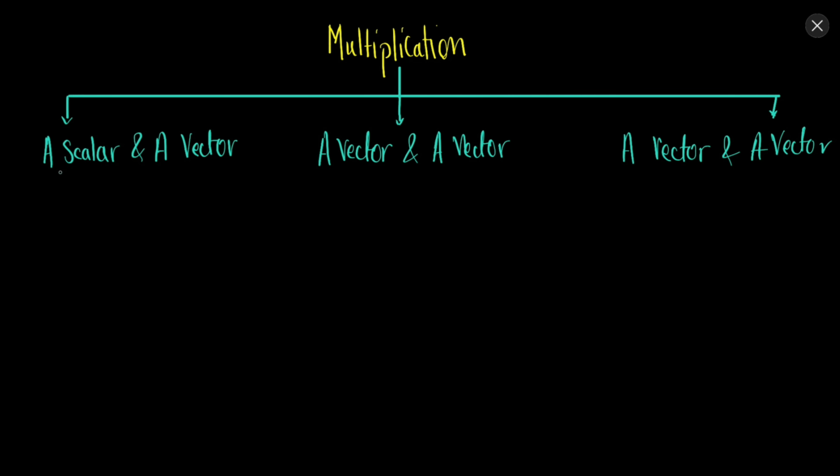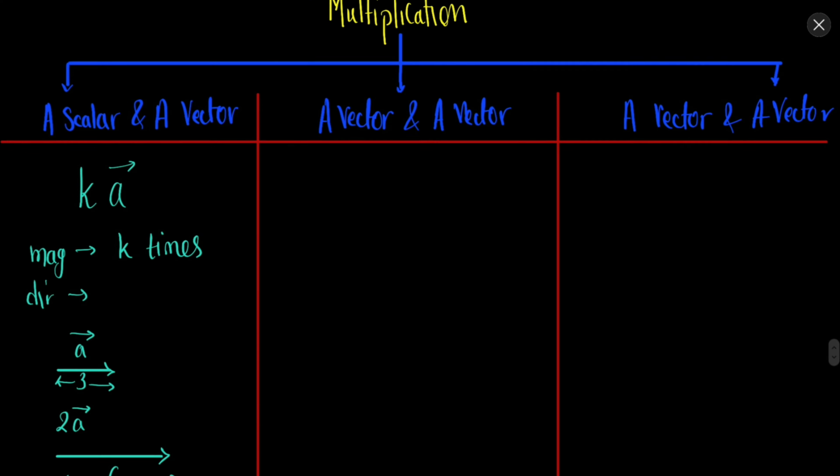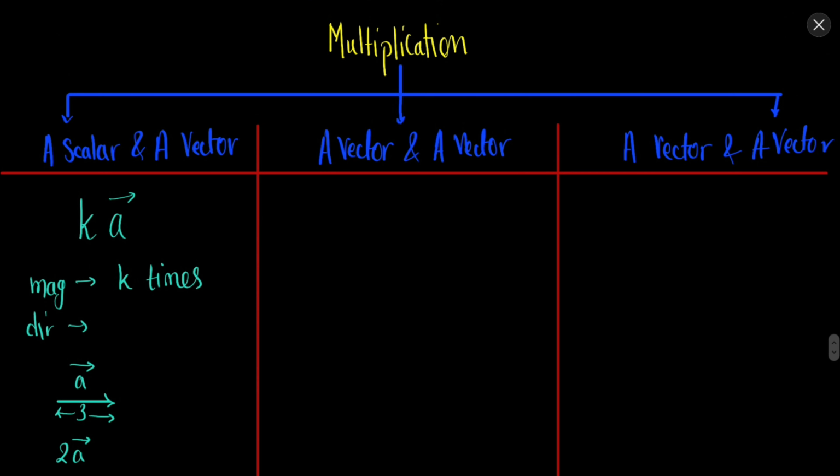It is quite simple. A scalar is just a number which is multiplied by a vector. So what does this mean? Let's take one example. Let's say we are multiplying this vector a with a scalar k. This means that the magnitude of the vector a will become k times its original value. And what happens to the direction?